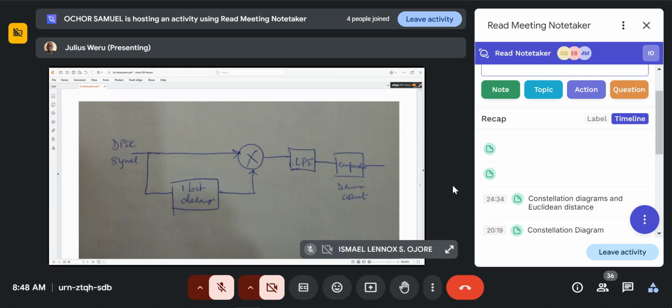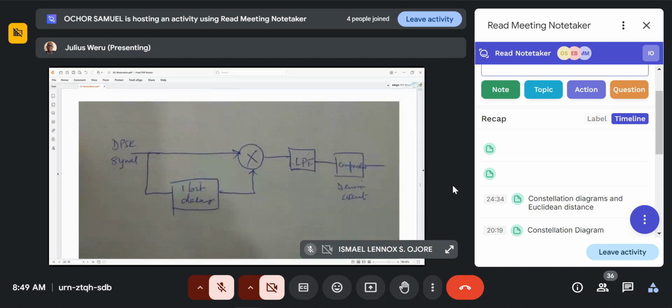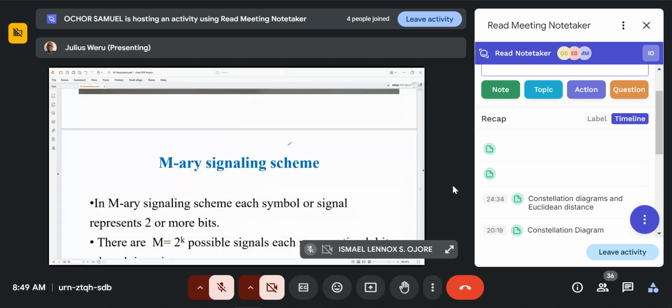You can try to see, when you're using XOR, what it means if you keep on changing bits, and then you just use a multiplier, like in the PSK case. I hope so far so good before we go to the MRE signaling case. Any query on this one?